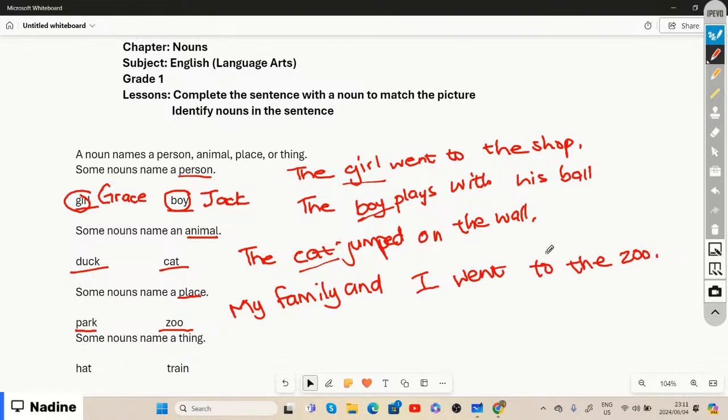So zoo or park or shop is a noun that we have identified, which is the name of a place. You can just say zoo or park or shop or school without giving the name of that specific place.